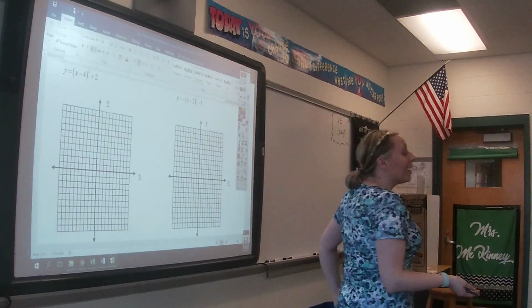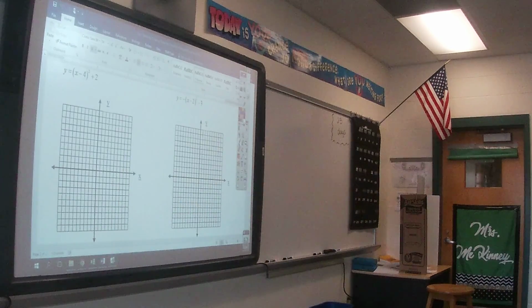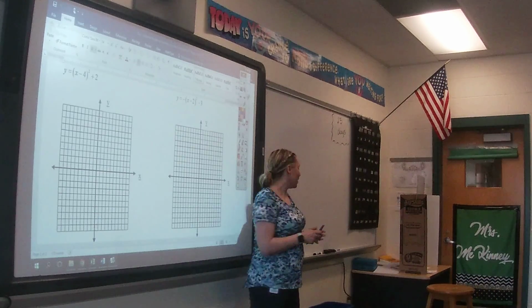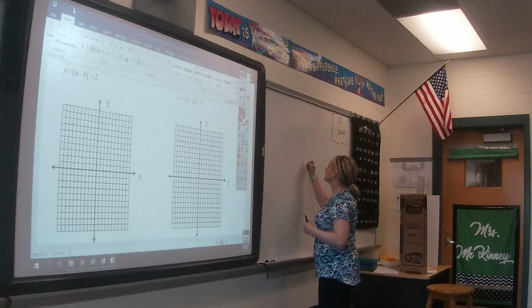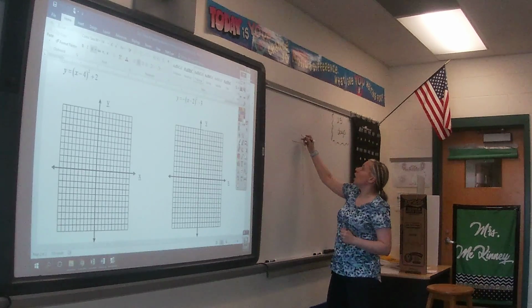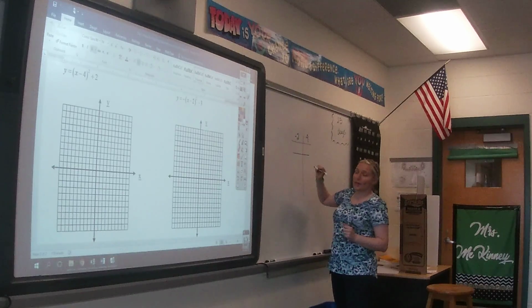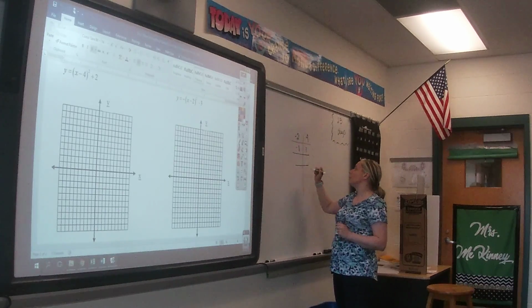However, no matter what, the parabola is always based on its original form. The original form was that when we had our table, if we moved over 2, we went up 4. If we went over 1, we went up 1.